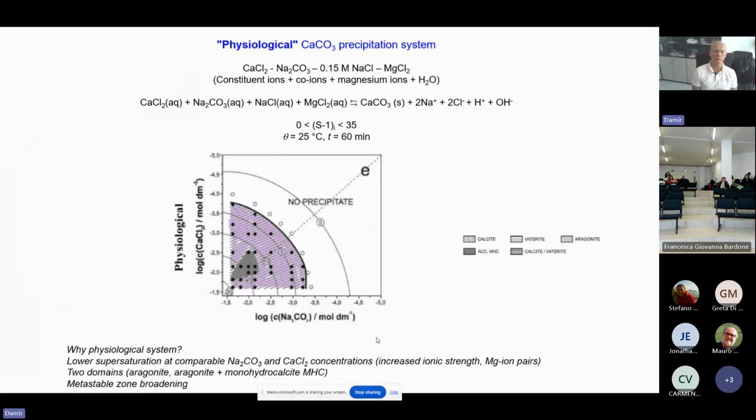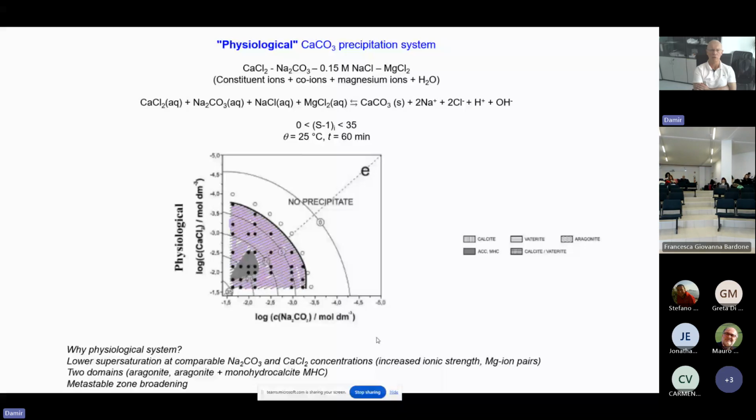And finally, I will demonstrate how the precipitation proceeds in a system which we call the physiological system. The physiological system is a system in which we use calcium chloride and sodium carbonate solution, and we also increase the ionic strength.